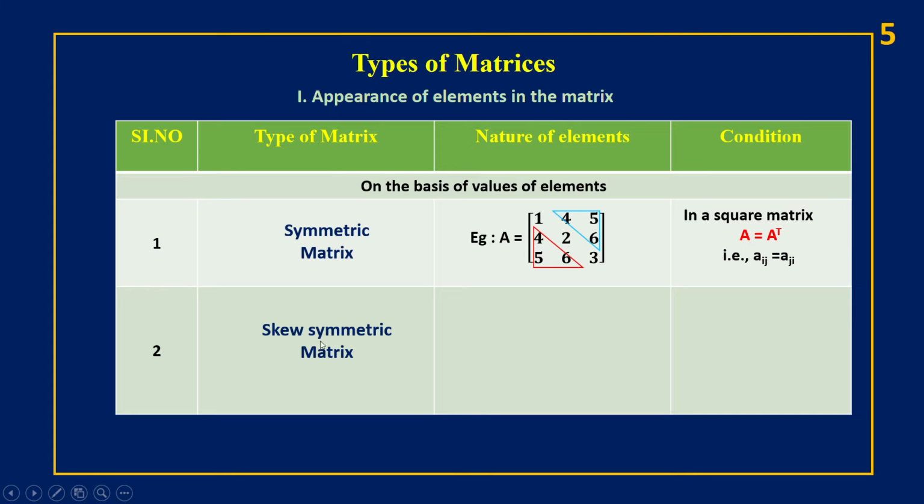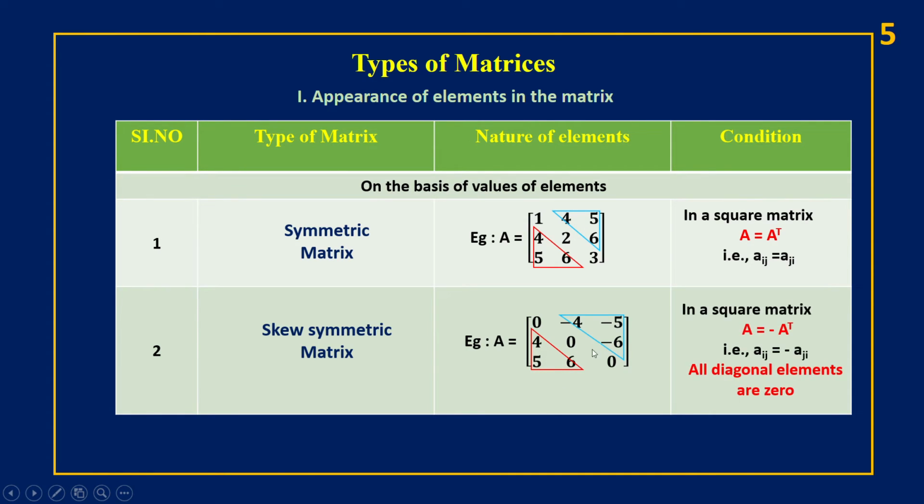And here the next classification is skew symmetric matrix. A skew symmetric matrix is a matrix in which the lower triangle and upper triangle are equal in value, but they are negatives of each other. Upper triangular values or lower triangular values are the negative of the other values.